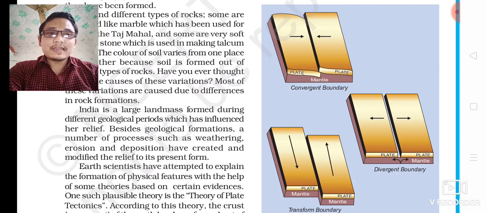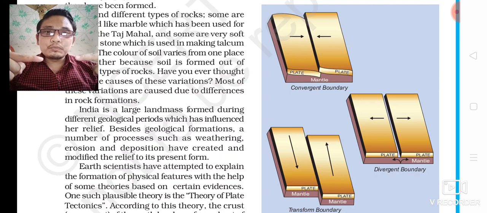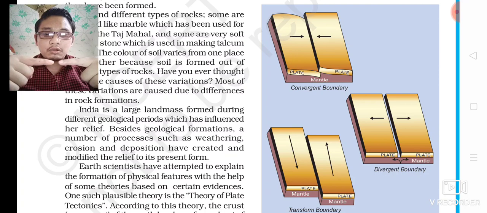The first type of movement of the tectonic plate is the convergent movement, or convergent boundary, you can say. That means when two plates come closer to each other or move towards each other, they might collide, टकराएगा.